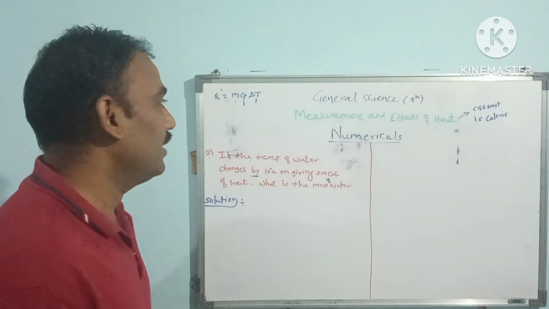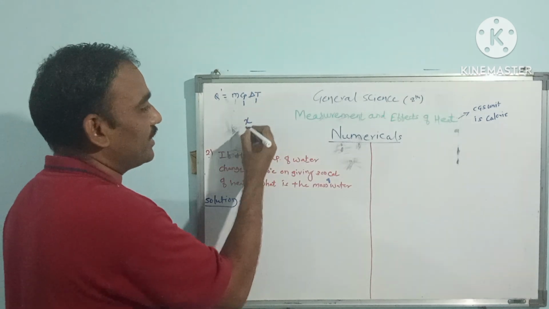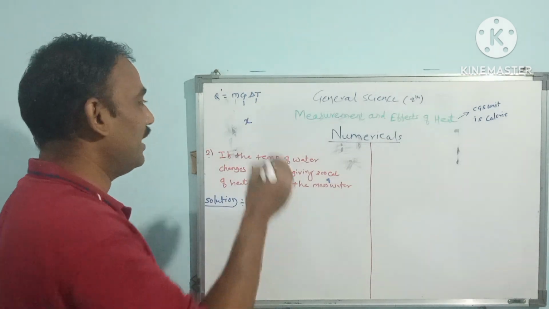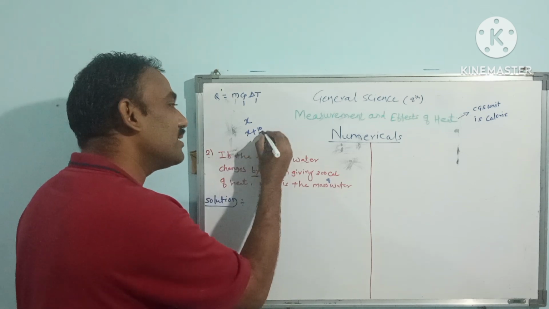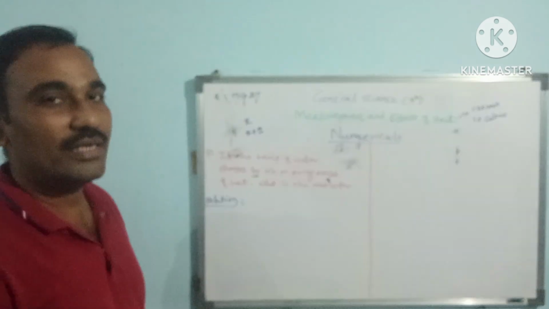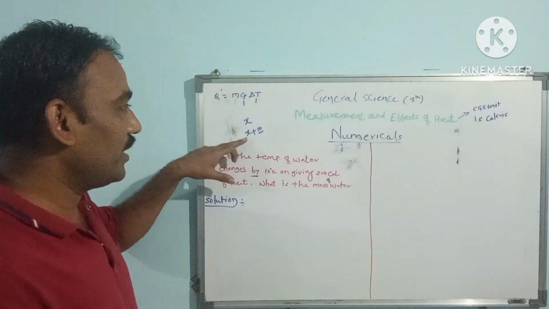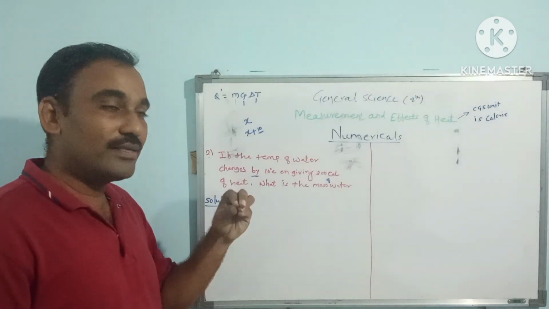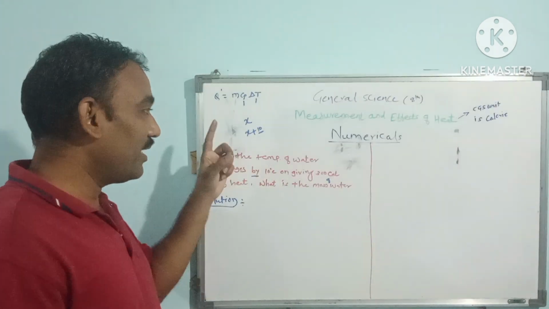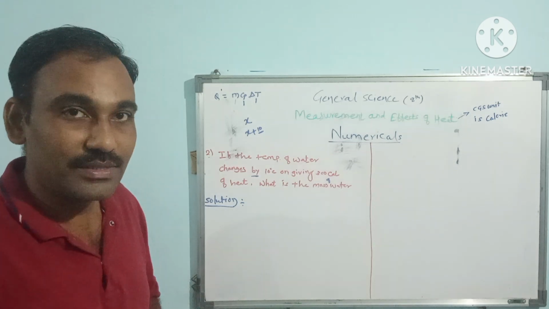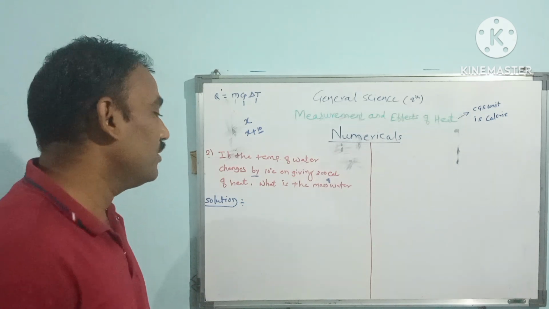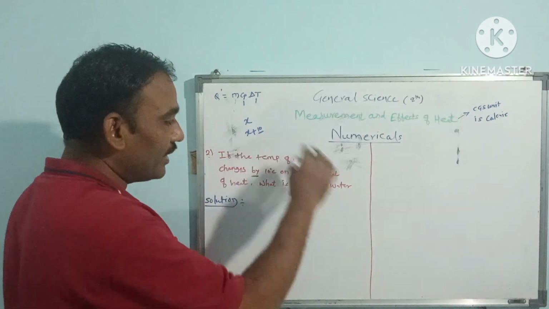Initially the temperature was x, now it is x plus 10. It means increased by 10. The meaning of this is the final temperature is greater than the initial temperature by 10 degrees Celsius. Are you getting it? So first of all, read this problem.